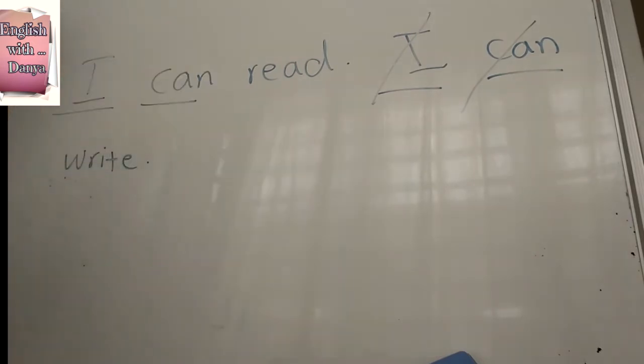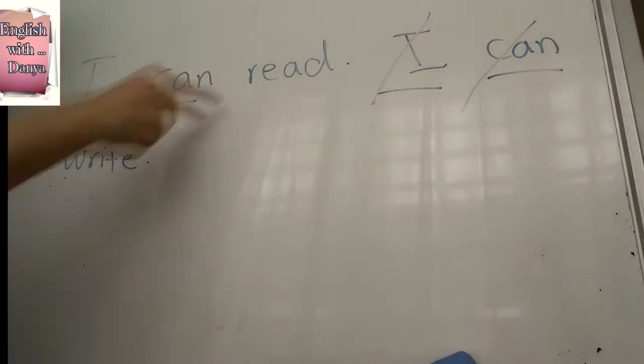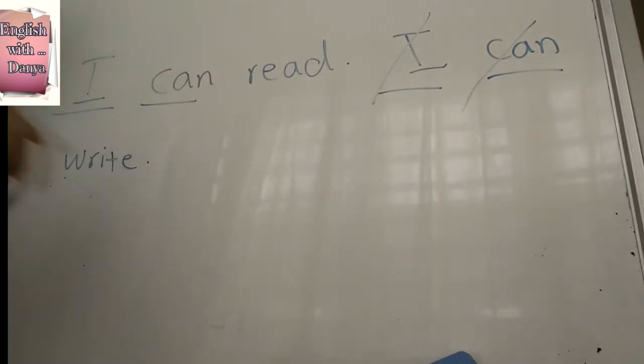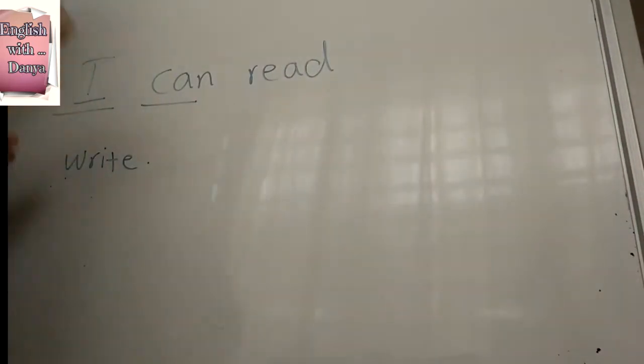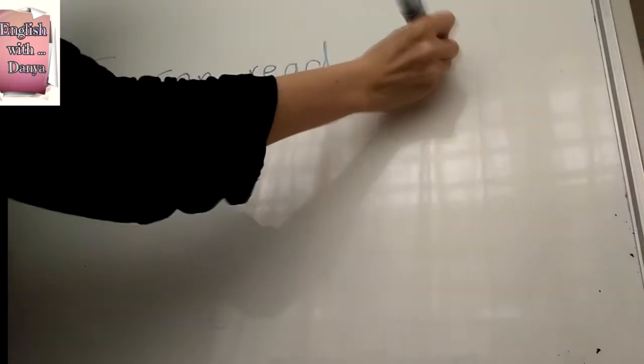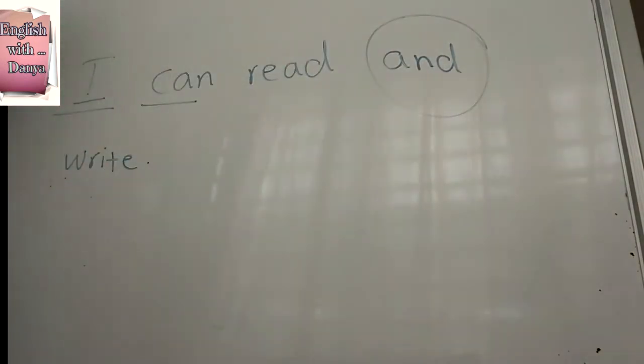So this is how we can use and. So we use and to connect between things that are related to the same person and also related to the same action. So the action here is kind of connected with ability, that I can read and write. So what happens? We just add I can read and we connect them with and, right?